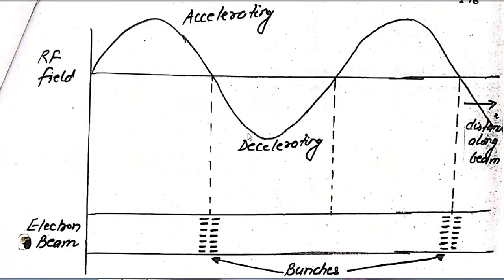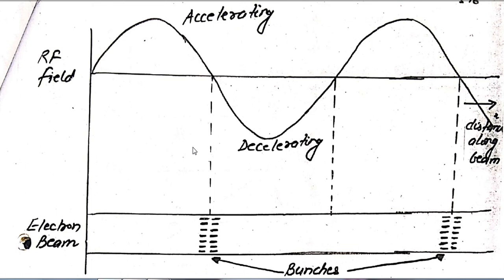Now in this figure we can see how the bunching of electrons takes place because of velocity modulation. The wave traveling along the helix has a longitudinal component of electric field which causes velocity modulation of the electron beam, because different electrons encounter the field at different times.